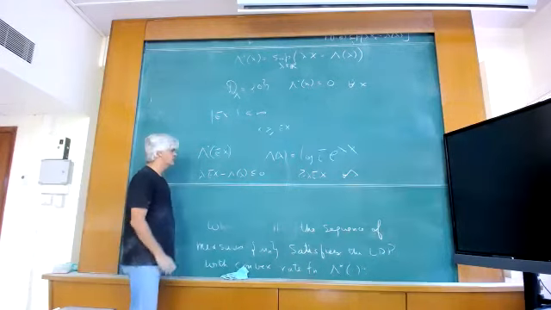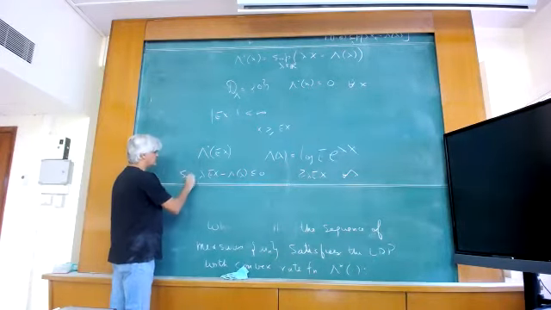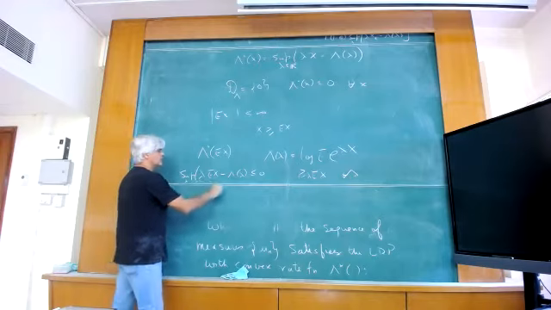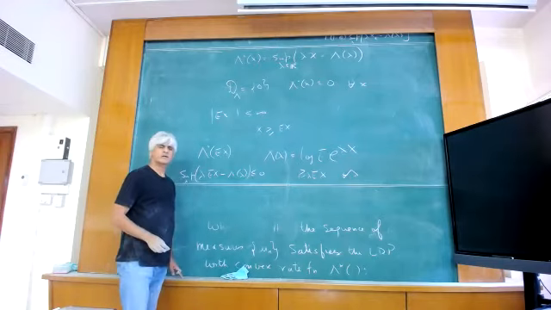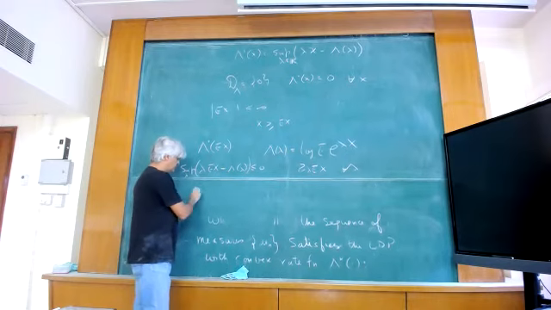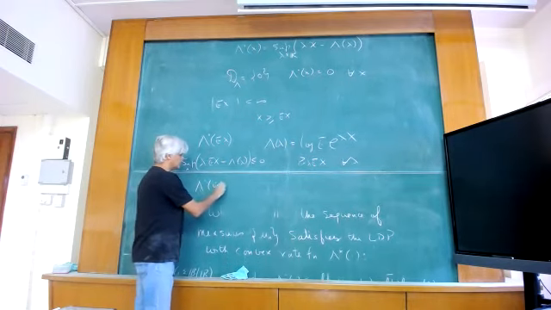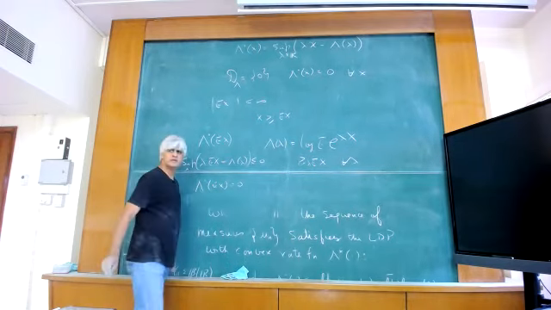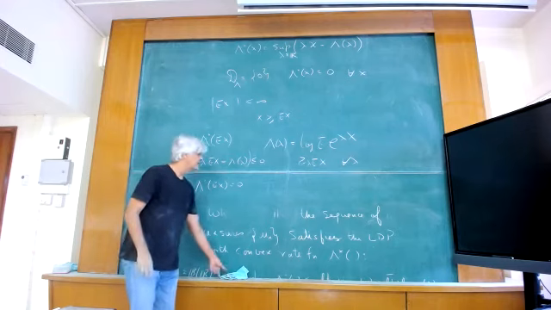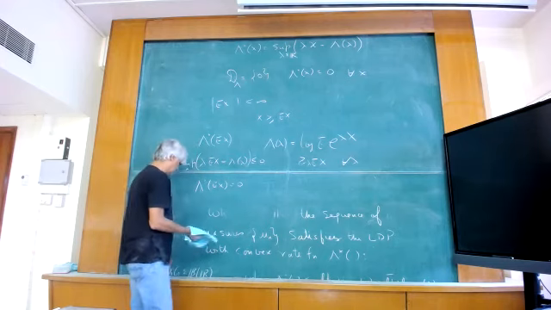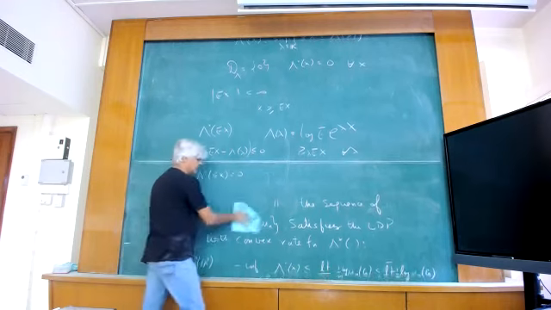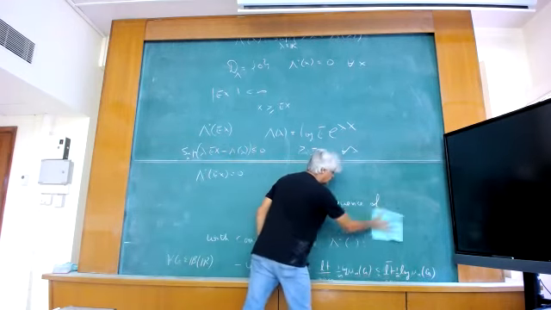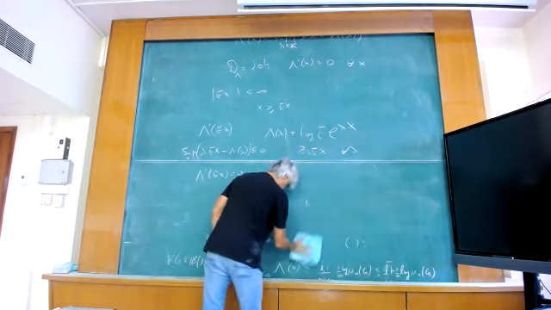The same is true for the supremum, so λ*(E[X]) equals 0. This is useful. It will help with the other properties, which are quite nice.